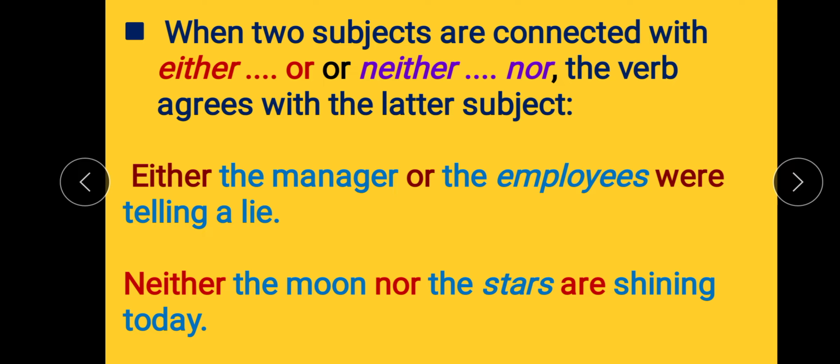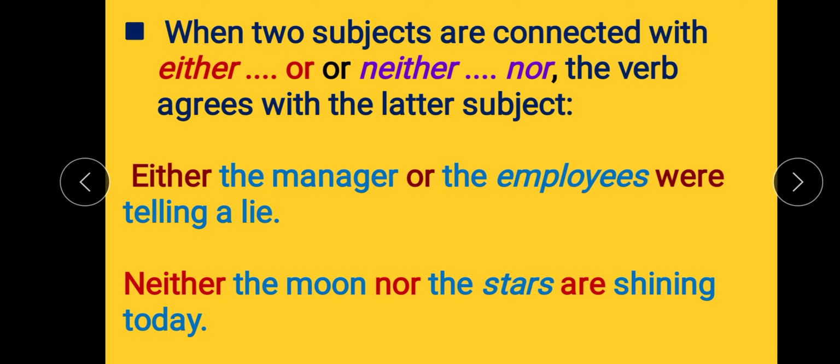That's why we have used a plural verb here. If the manager would be the latter subject, then as the manager is a singular word, we would have to use was, but here the latter subject is the employees, that's why we have used were.